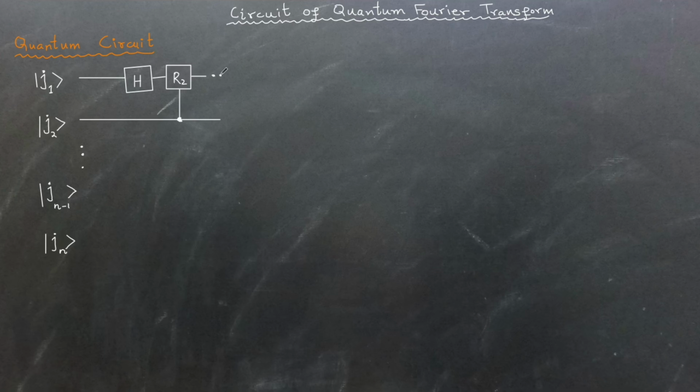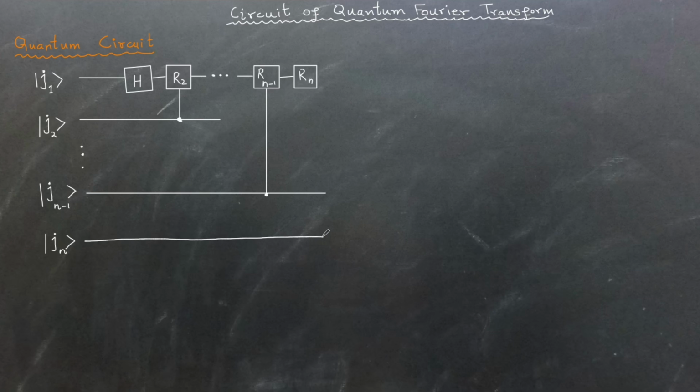Next, we apply the R3 gate with the third qubit j3 as the control bit, and so on. This process continues until we apply the Rn-1 gate using the second to last qubit jn-1 as the control bit, followed by the Rn gate with the last qubit jn as the control bit.